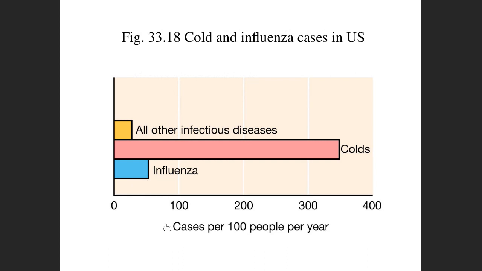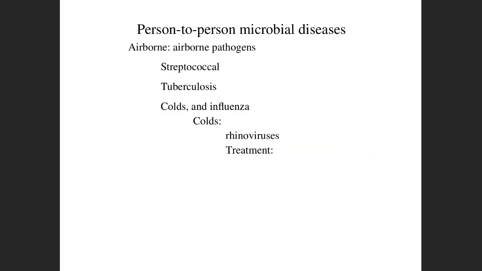So here is a breakdown or a tracking of the distribution of different infectious diseases, all microbial infectious diseases, and cold and influenza, meaning flu, right? We're going to talk more about cold first.